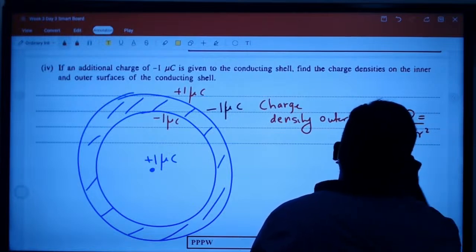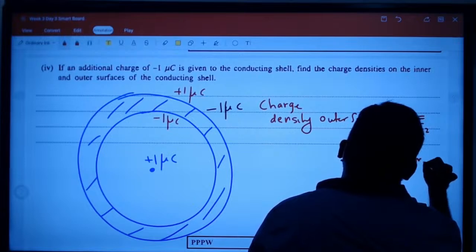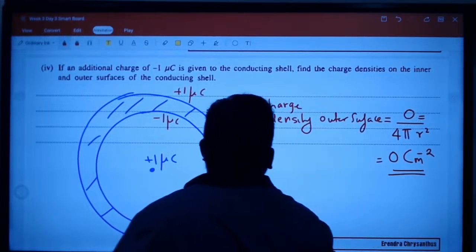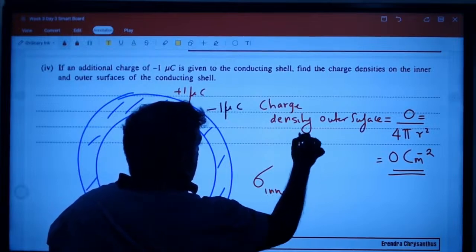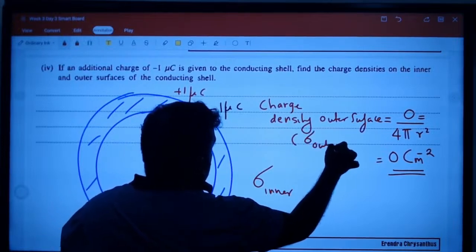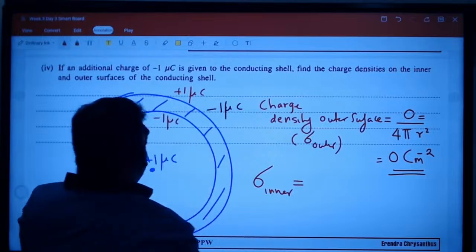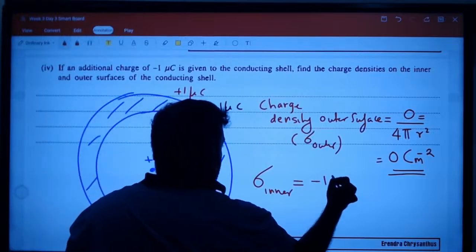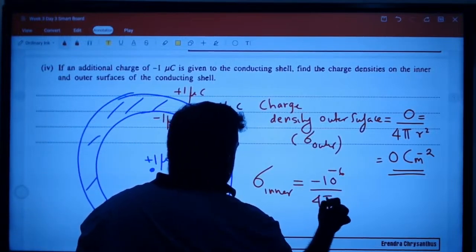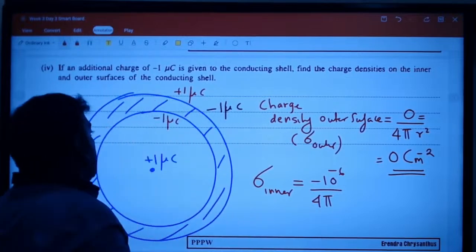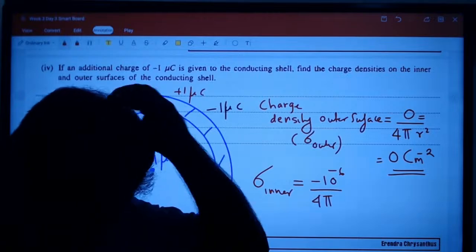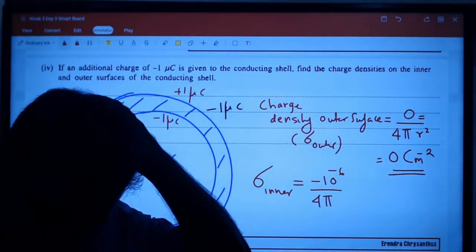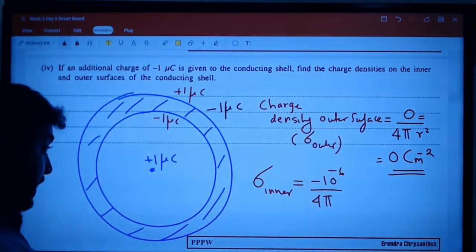So charge density is 0 coulombs per meter square. Inner surface, sigma inner. This is sigma outer, sigma inner surface. Minus 1 microcoulomb, 4 pi. What's your radius there? Radius there is OS, I think. OS is 10 centimeter.